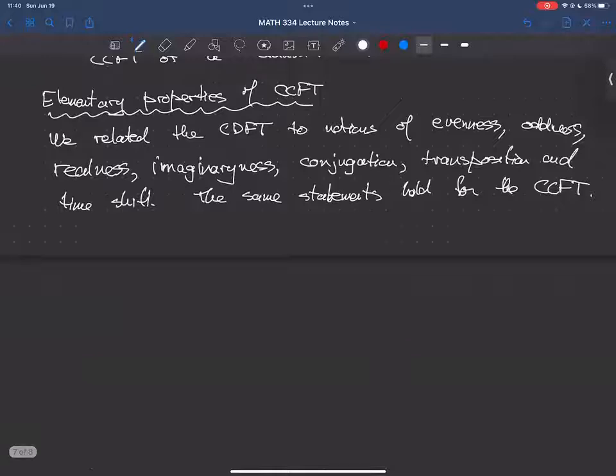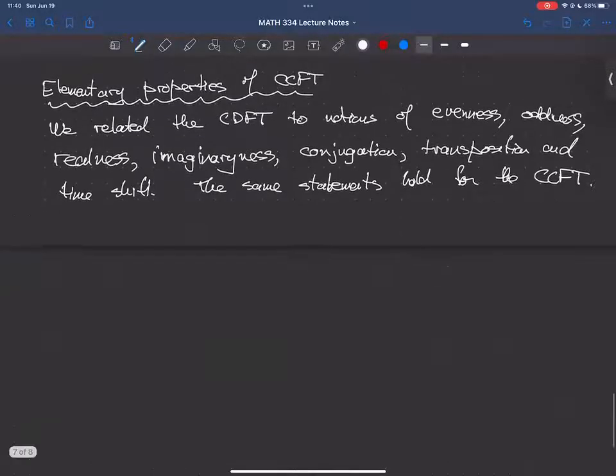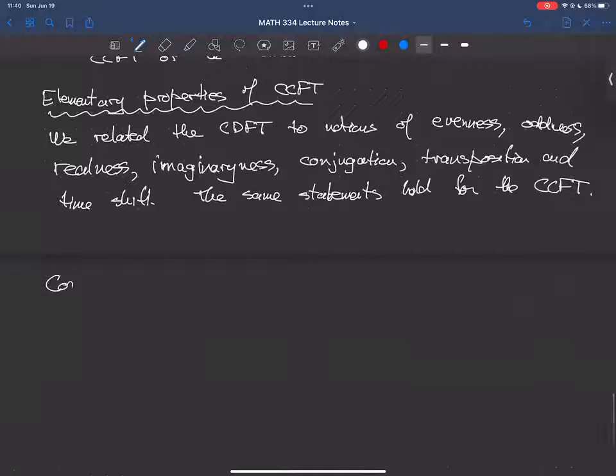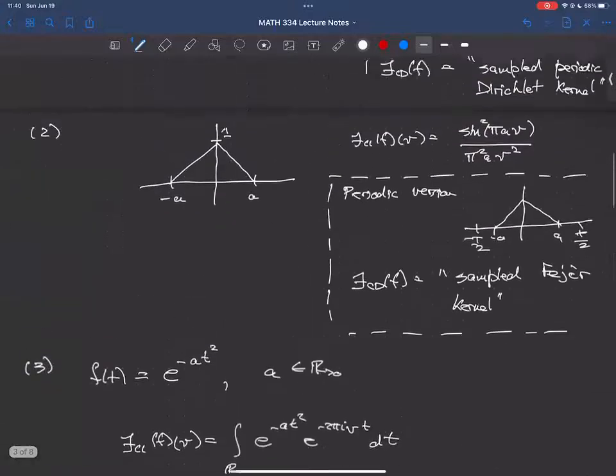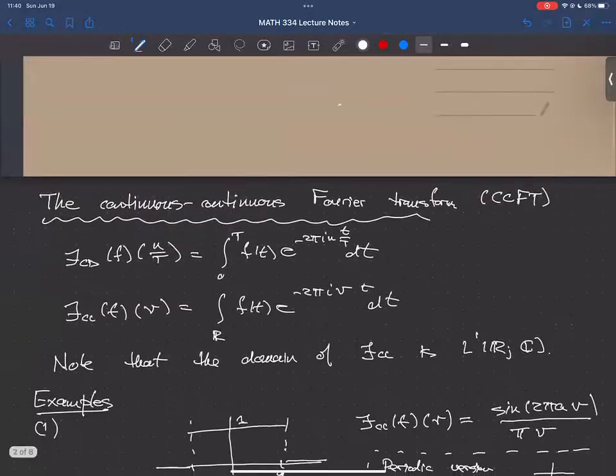Okay, now interesting properties of the CCFT. All right. So for the CDFT, remember that we had that the codomain was little c0, right?